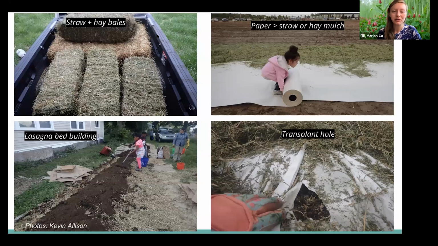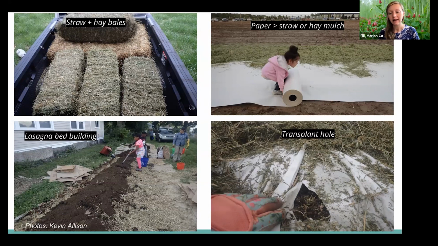And how do you mulch? How do we integrate mulch? You can use either straw or hay, and both have their benefits. I've used paper to have a little bit of extra weed suppression. This is a newsprint roll, but you can also use newspaper and then build your mulch up.